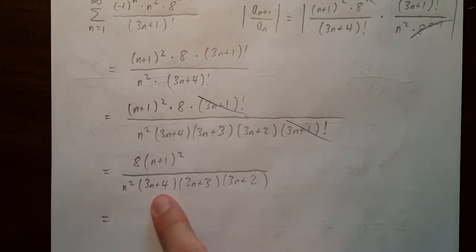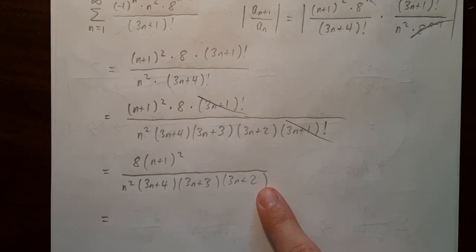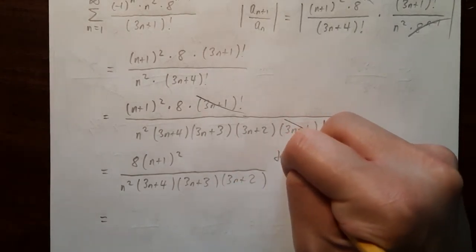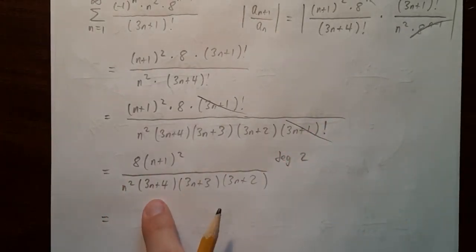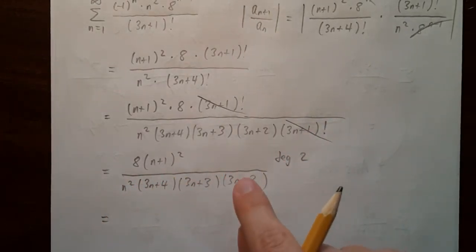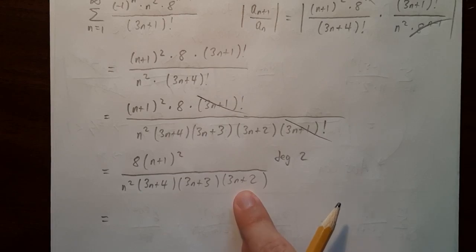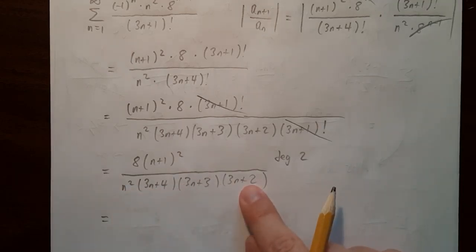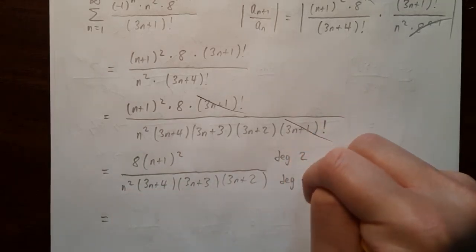well, actually, now that I come to think of it, I don't think I even need that. Because I think the degree on bottom is going to be larger than the degree on top, right? So on top we have a quadratic, that's degree 2. And on bottom we have linear times linear times linear, so all three of these together is a degree 3. And then I have another n squared, another quadratic. So I have a quadratic times 3 linears. That's going to be a degree 5.